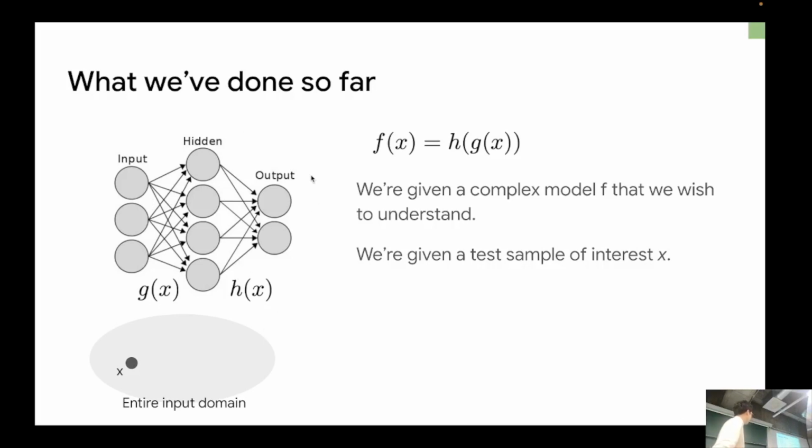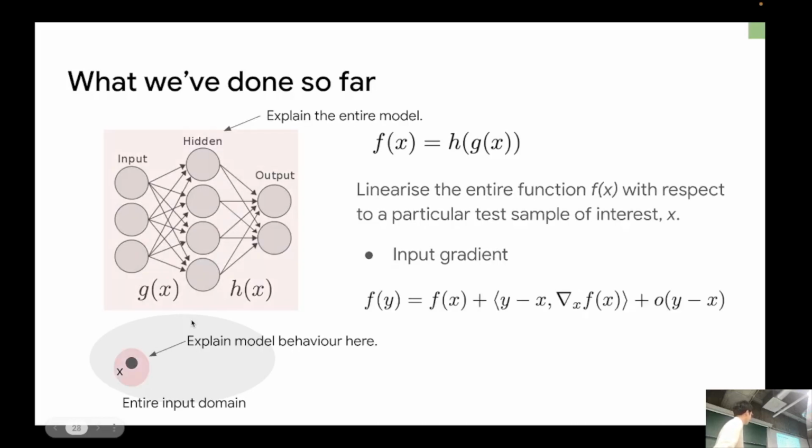There's a model and there's an input domain. This is a complex model that we wish to understand. We're given a test sample of interest, x, in the input domain. So what we've been doing so far is we wish to explain the whole model, g and h together, but around the test input of interest.